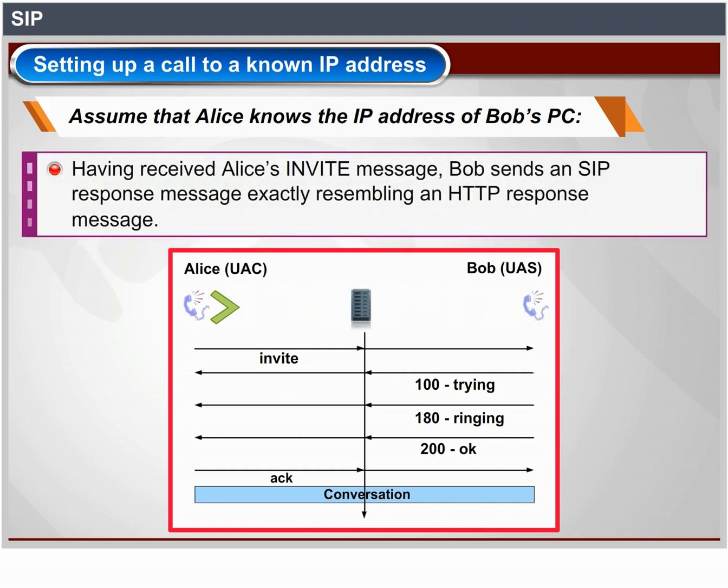After receiving Alice's INVITE message, Bob sends a SIP response message, which resembles an HTTP response message.